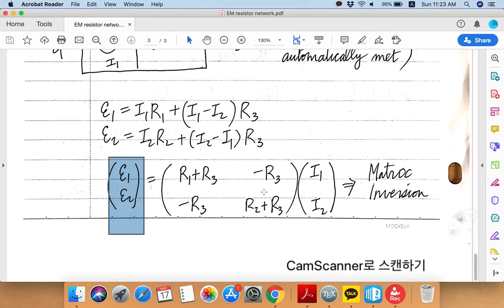And the other nice feature of this realization that this resistor network problem is really a problem of linear algebra is that in linear algebra, we know there's this principle of superposition. All right, so what that means is that if one set of vectors is a solution and another set of vectors is also a solution, then you can take an arbitrary linear combination of those two vectors and still find the solution.